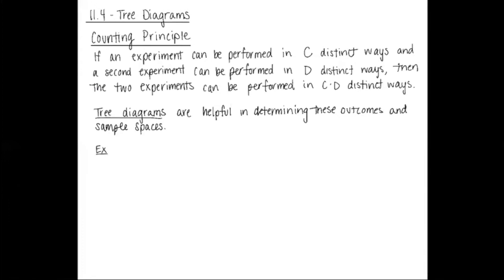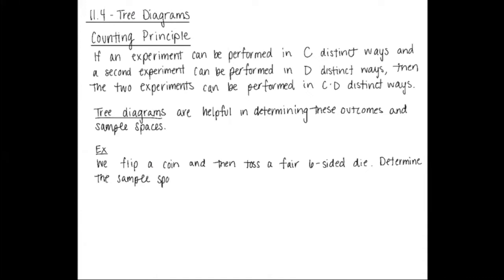So the best thing we can really do to show you what a tree diagram is is to draw one. So let's say we flip a coin and then toss a fair 6-sided die. We want to determine the sample space. So that means we basically want to determine every possible outcome from doing these two together.